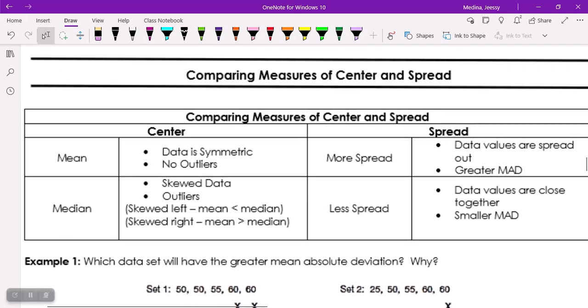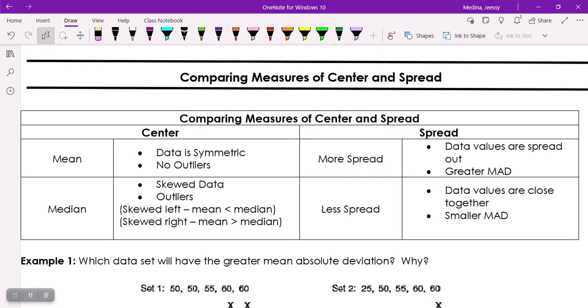All right, new information. When I ask you questions, you're going to be comparing, looking at this table of information. Are we clear? We're going to be comparing the centers and the spread of the data. How do we compare the centers?